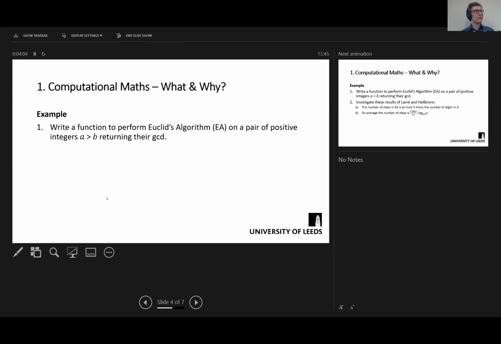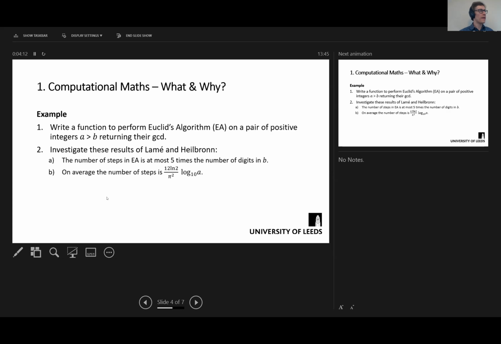So this is a pretty straightforward question using familiar mathematics and basic coding questions. And then a follow-on question is, as Rob was saying, more open-ended and investigatory. So here are a couple of results, theorems about Euclid's algorithm and its running time, its computational complexity, essentially.